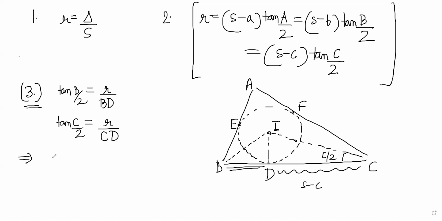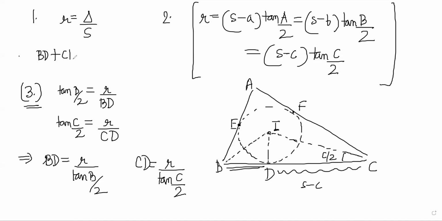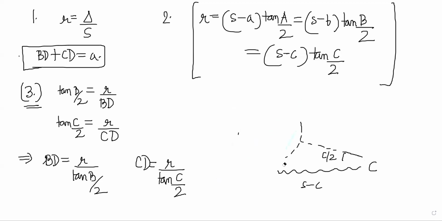From here we can easily say that BD is R by tan B by 2 and CD is R by tan C by 2, right? And then we can say that BD plus CD is equal to small a.